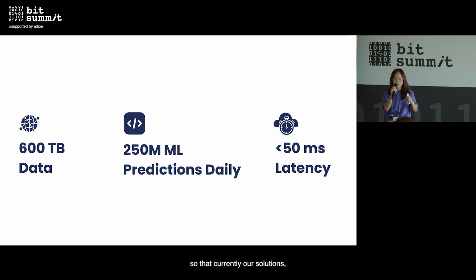Currently, our solutions have less than 50 milliseconds latency to adapt to these requirements. Of course, we are not stopping here. We aim to scale more, so these numbers will change in the future. But we want to optimize our models as best as we can to adapt to our scaling requirements.